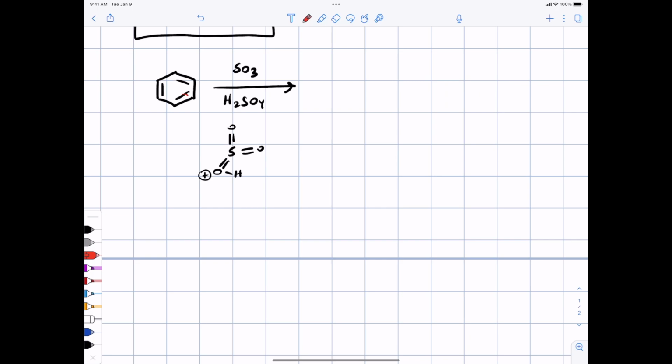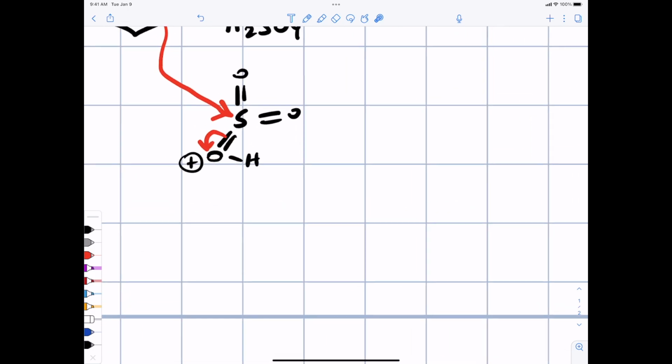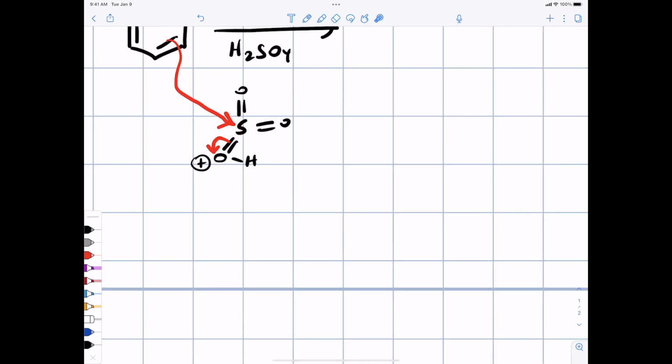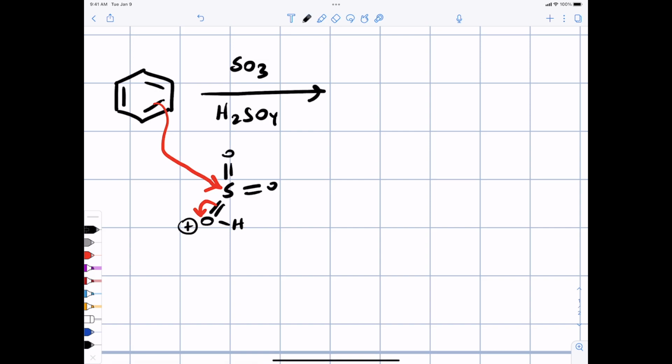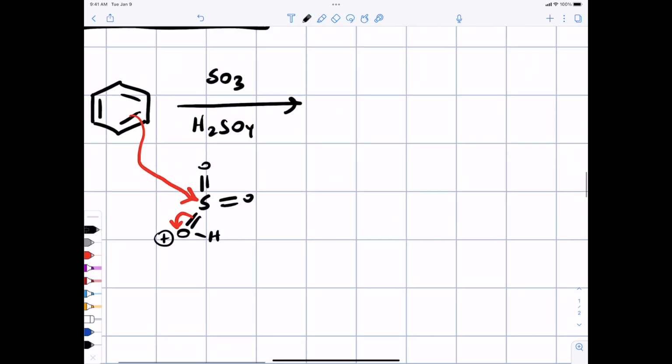We have pi electrons from benzene attacking the sulfur. We can then move a pair of the electrons from a sulfur-oxygen pi bond out onto one of the oxygens. That gets us the familiar intermediate in which we have a positive charge on the adjacent carbon.